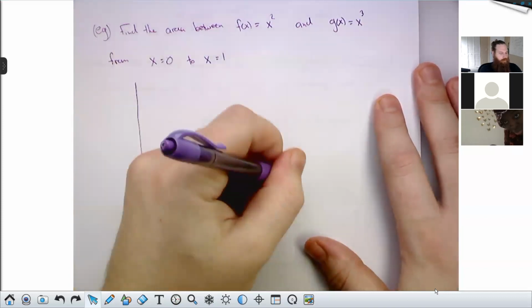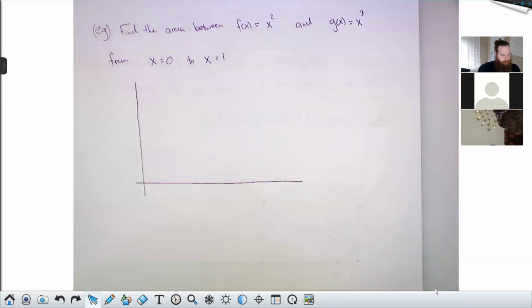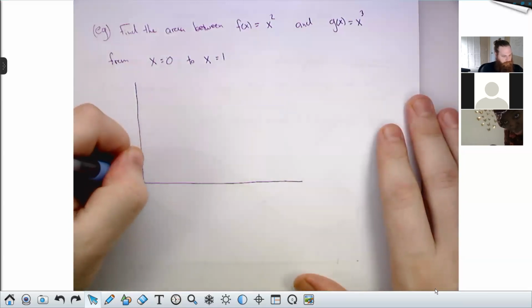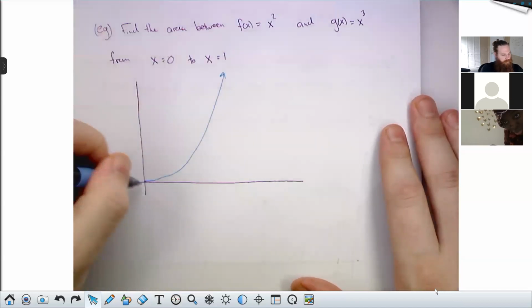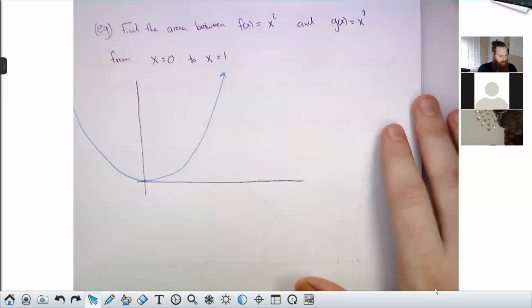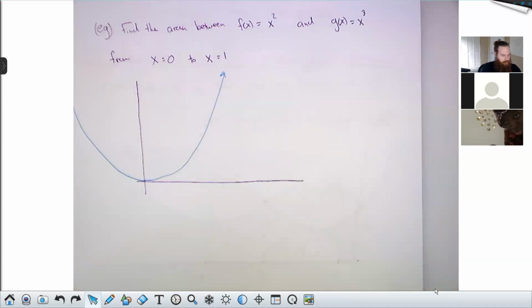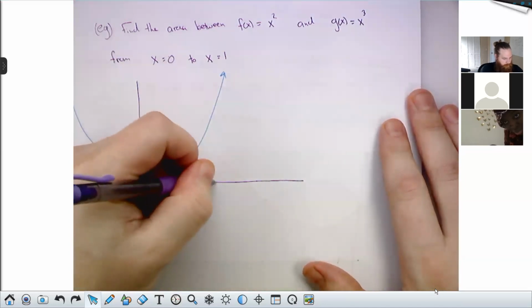So I'm going to draw this zoomed way in. X squared, if I zoom in, it's going to look something like this. And x cubed, they hit each other at the point 1, 1.